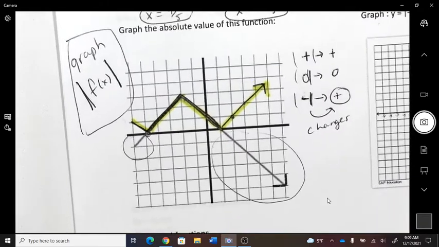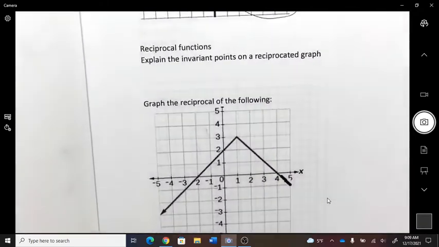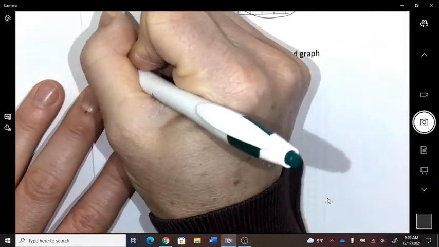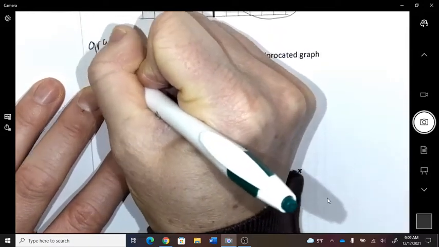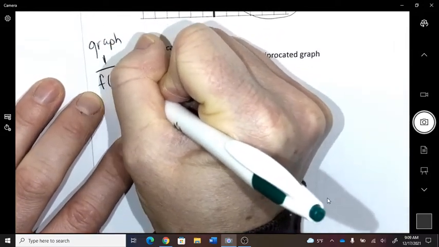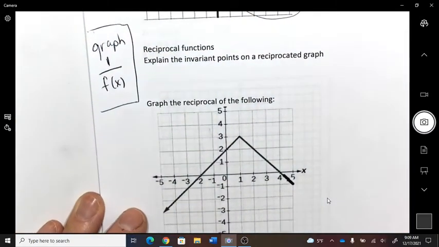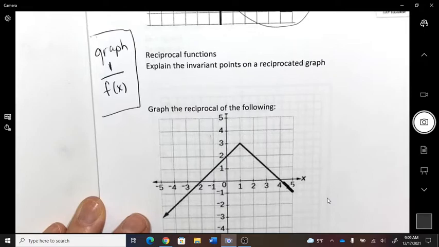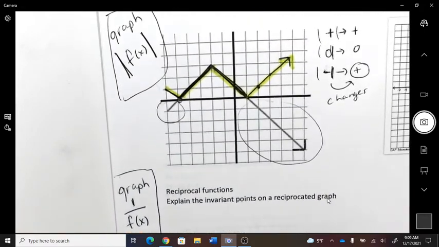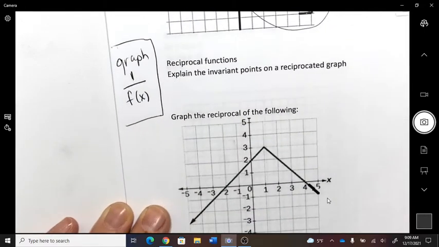Okay, because we talk about reciprocal functions next. So this question might look like this. Graph 1 over f of x. Okay, so do you see the difference? Absolute, reciprocal.